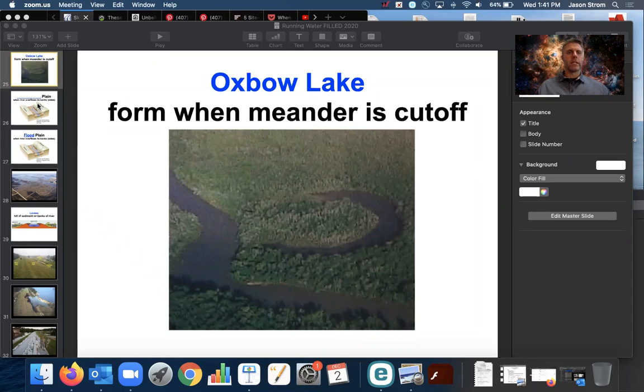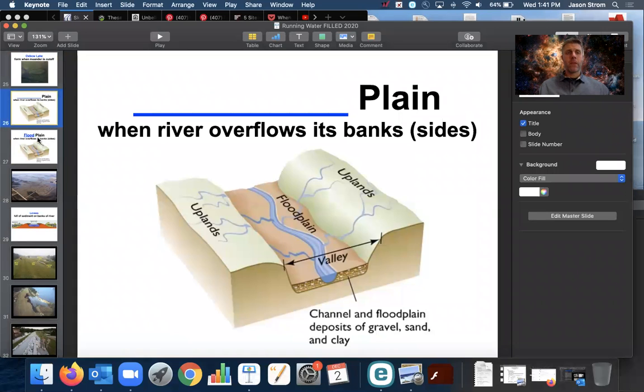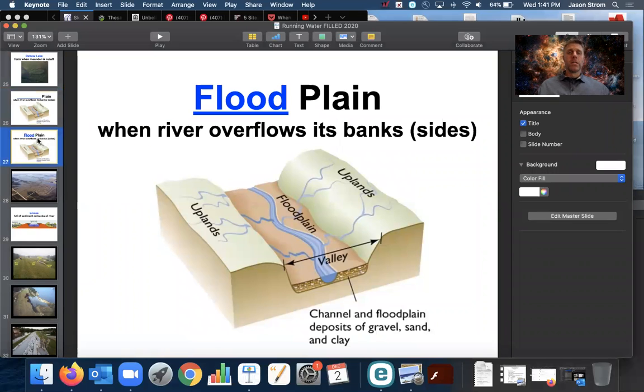Was that Oxbow Lake? So this next one, it's a floodplain. Anytime there is more water than the river channel can accommodate and hold, the water has to go somewhere. So it overflows the banks and floods an area that surrounds that river, and that's what the floodplain is.